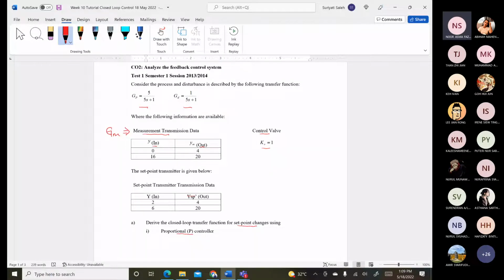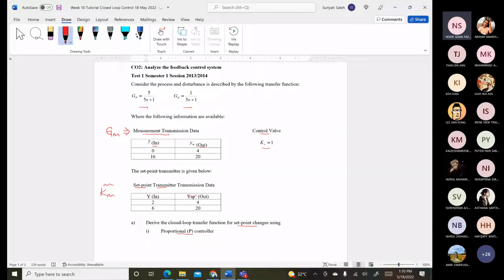You have the GP, you have the GD, and then the set point transmitter. So here the keyword is set point, and then you have the transmitter. That means it will reflect the KM bar.